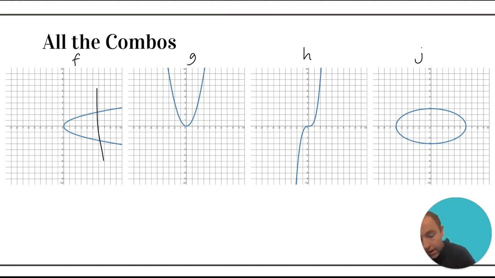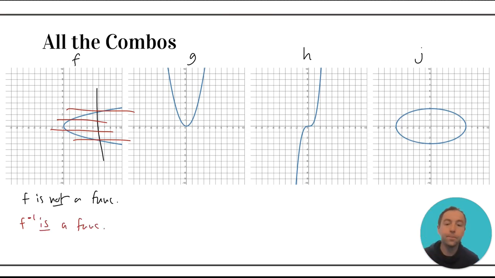You can see that it fails the vertical line test. So f is not a function. And then when you look at the horizontal lines, it does pass the horizontal line test. So you'd be able to say that f inverse is a function, right?